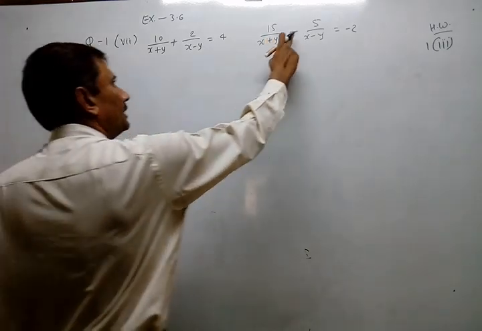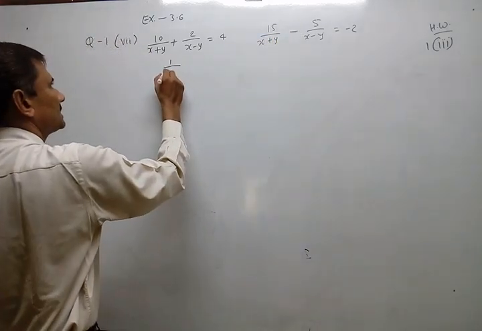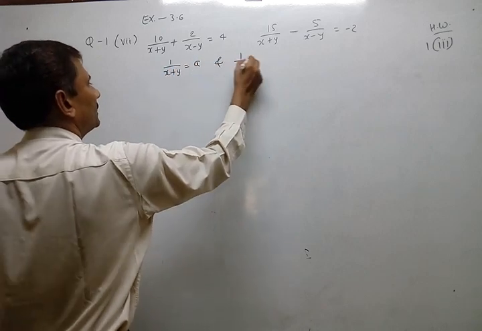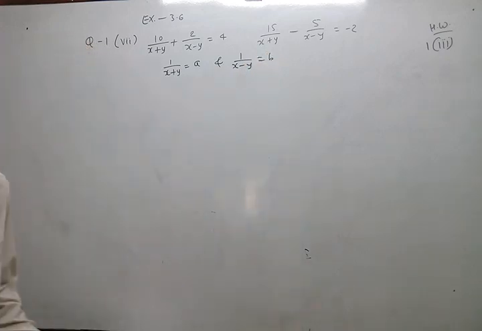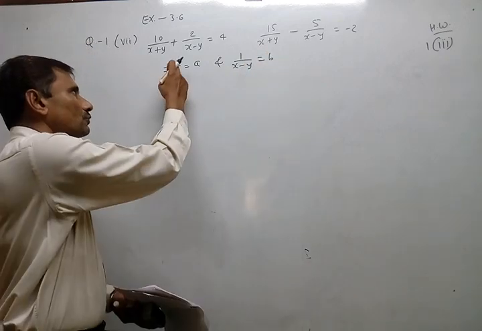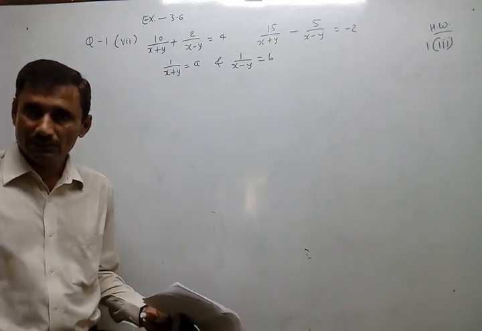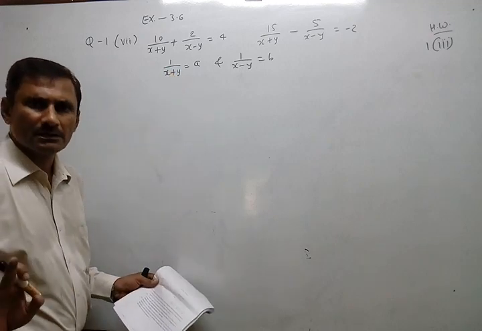Now, just like the previous one, write down 1 upon x plus y equal to a and 1 upon x minus y equal to b, because a binomial is there in the denominator. So for that one only, a is supposed, not individually for x or y. If a number is given or y is given, that does not matter.